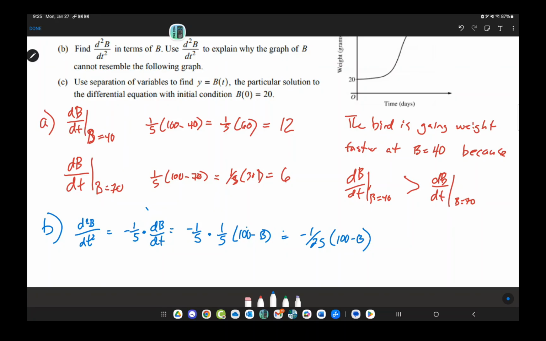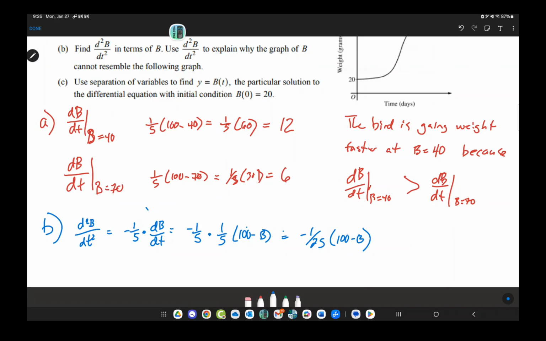Why does it multiply negative 1/5 by dB/dt? Is dB/dt the function itself? No. What is it? It's the rate.